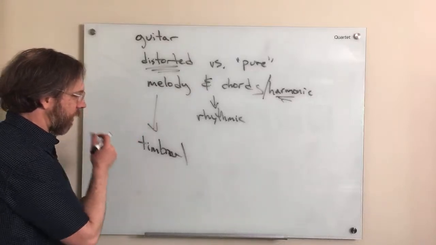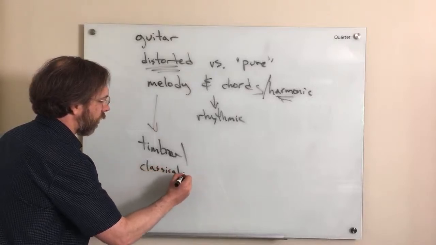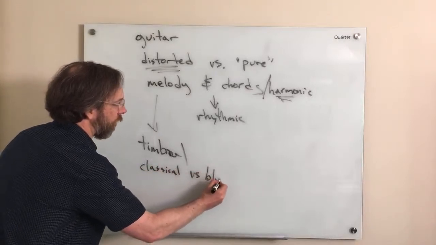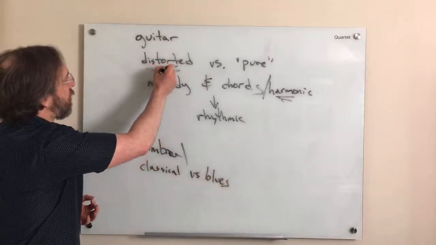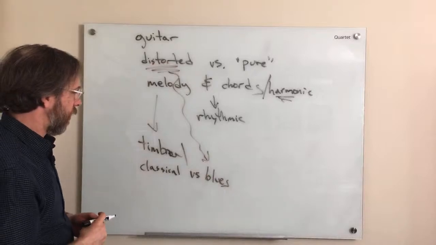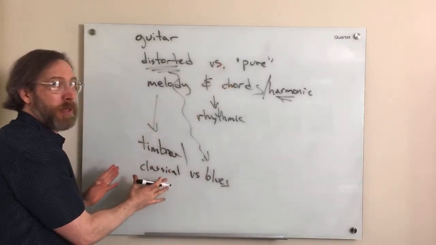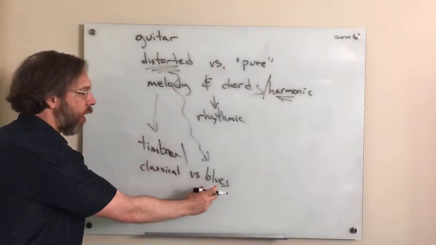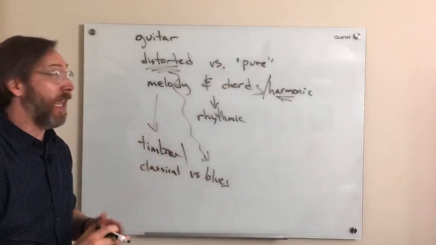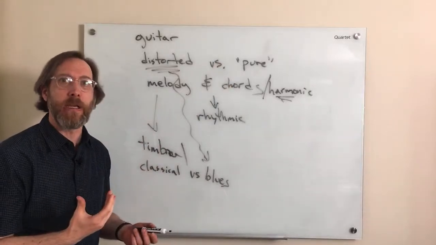Think about it like the difference between a classical singer versus a blues singer. A blues singer is going to have the equivalent of more distortion than a classical singer. A classical singer is going to have a very pure sound, lots of pitch, very little noise in the ratio. A blues singer might have a little bit more, like Louis Armstrong with that raspy voice.